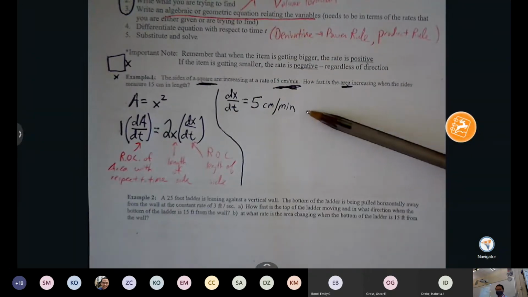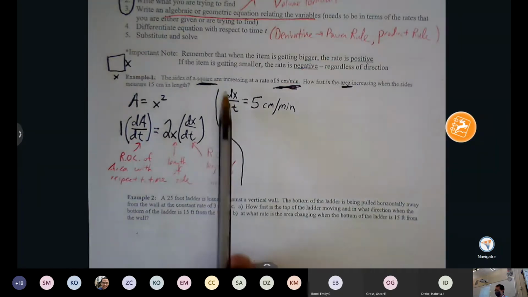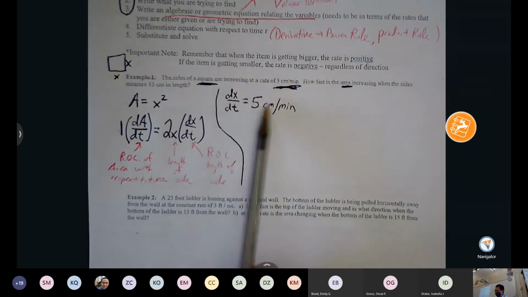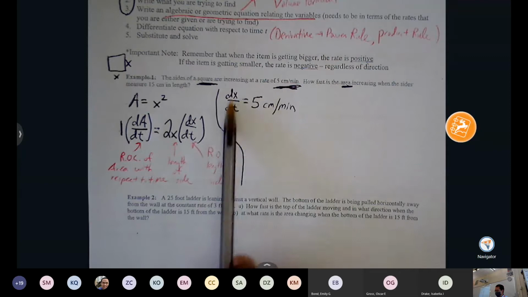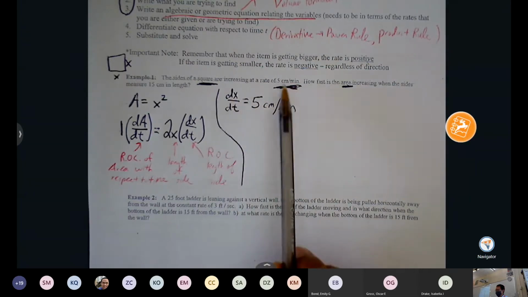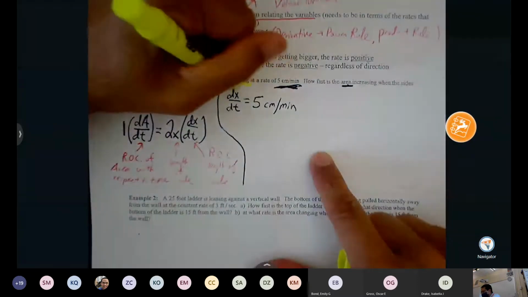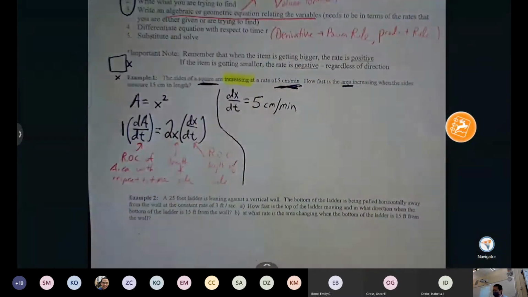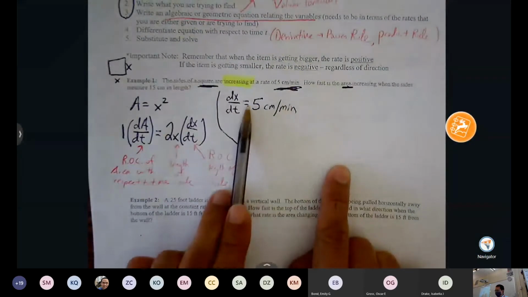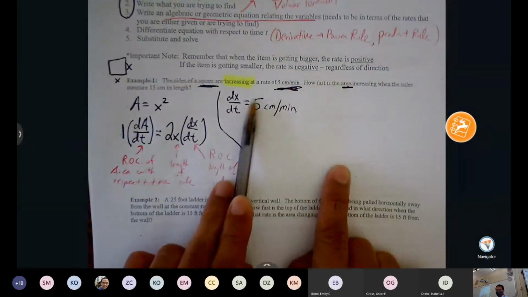Okay, any questions here? The other thing I want to point out is the word increasing. The word increasing tells us that we want this rate to be a positive rate. So just be careful with these context clues. If a problem says decreasing, then we're going to have to change that rate to be negative on our own.